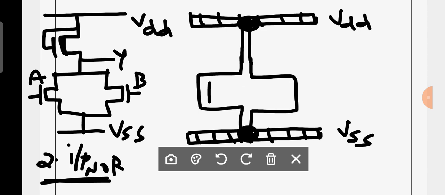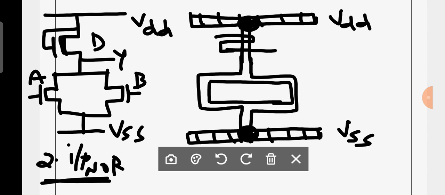I have to take some thin one. Okay. Now since it is a depletion mode, I have to draw the depletion mode configuration. Now it is a polysilicon, and we require an implant here.